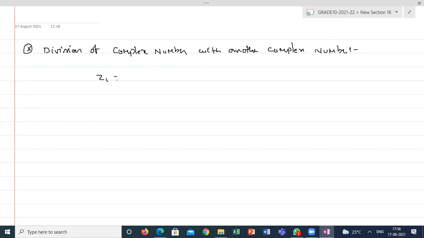Suppose Z1 is equal to a plus ib, Z2 is equal to c plus id. The division of Z1 by Z2 is nothing but a plus ib by c plus id. That is nothing but Z1 into the multiplicative inverse of Z2. Understand what I'm saying? Yes, sir.